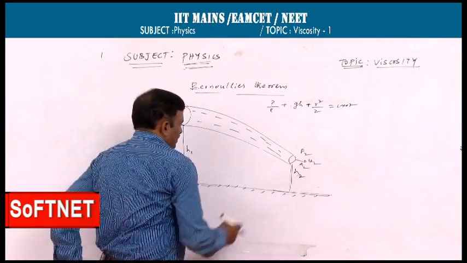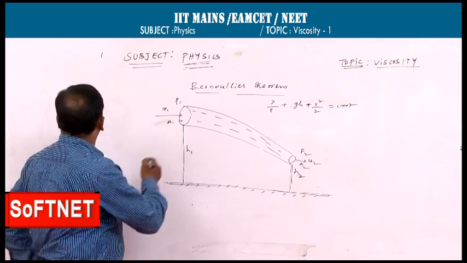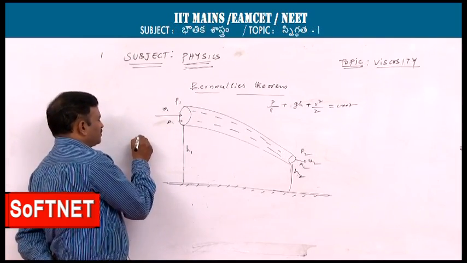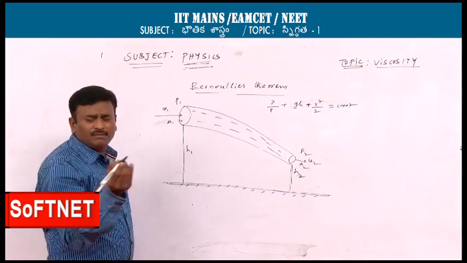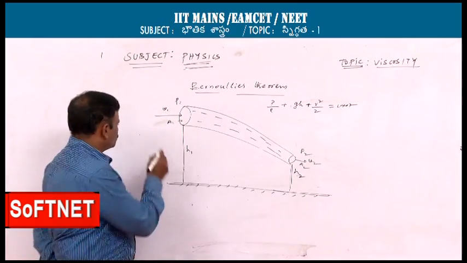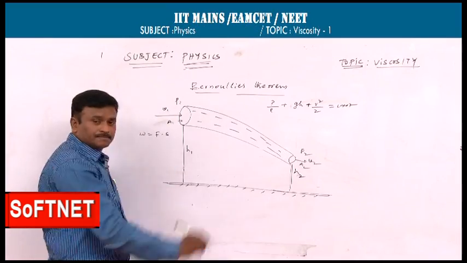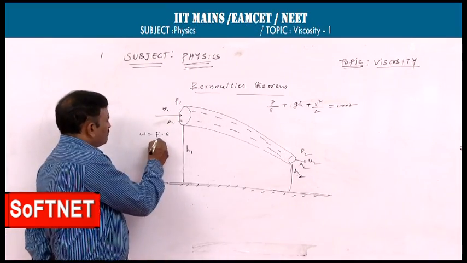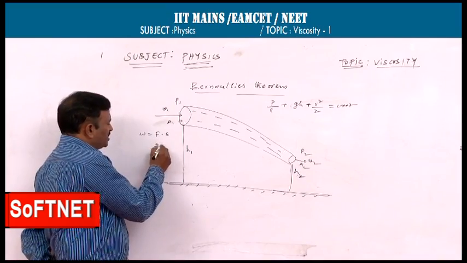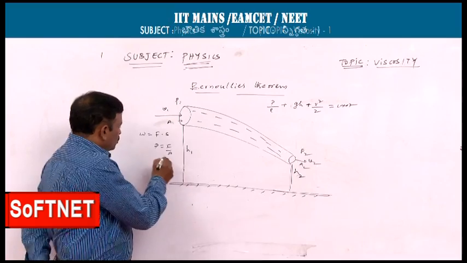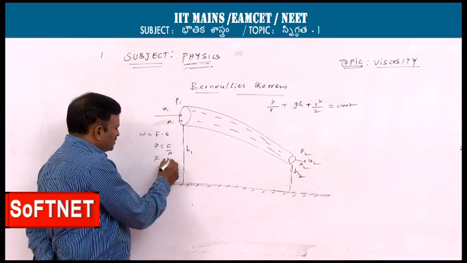Let us take the pressure energy first. Energy is nothing but work done by the pressure. Work done is equal to force into displacement. Pressure is force per unit area, so force is equal to pressure into area.